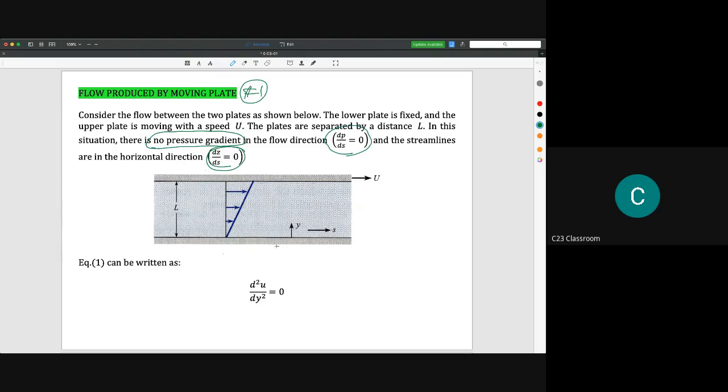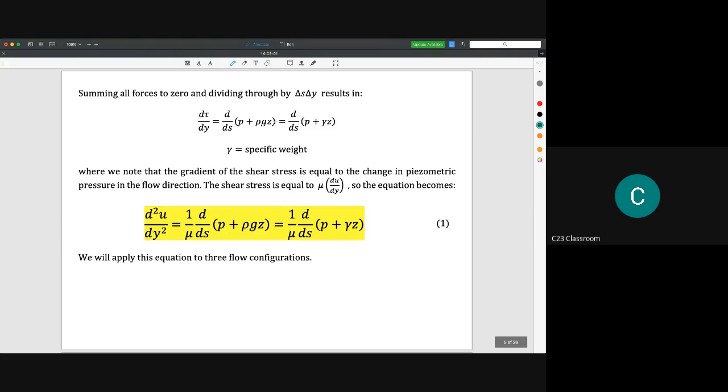So previously we said that all of these terms are actually equal to 0, because we assume there is no dP ds and no dz ds.